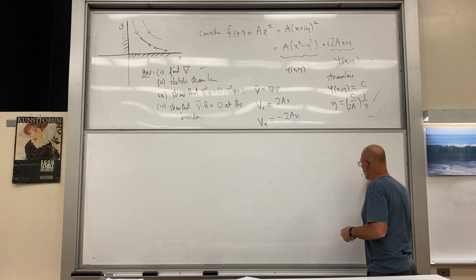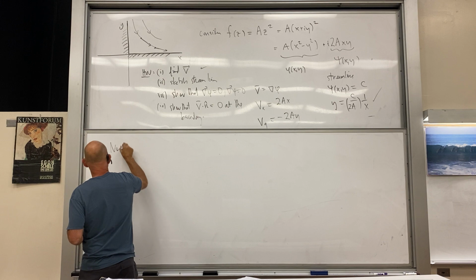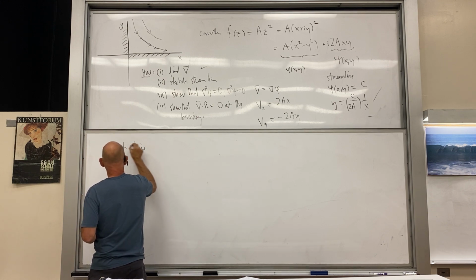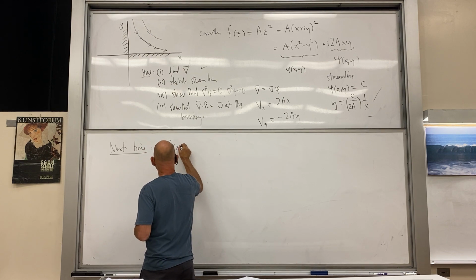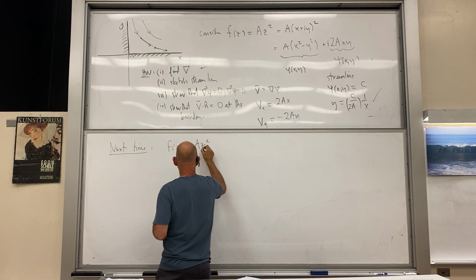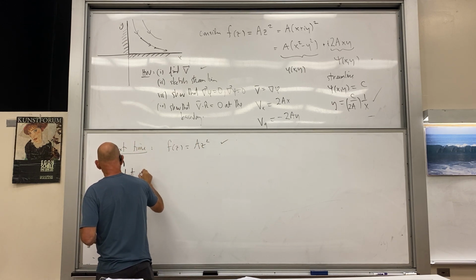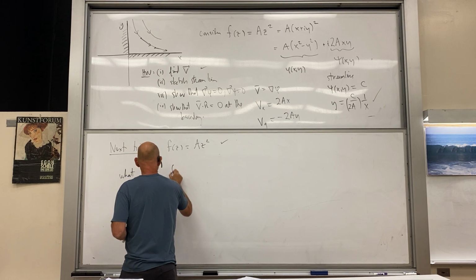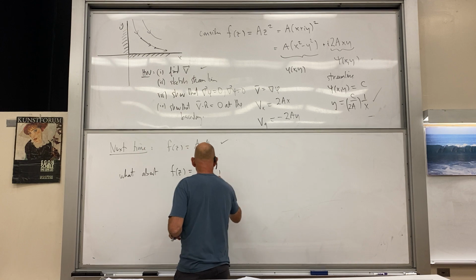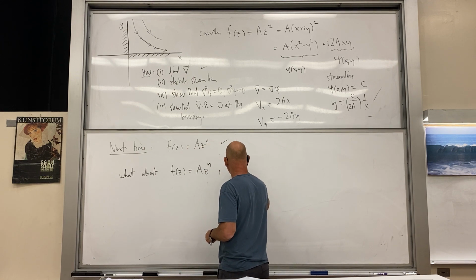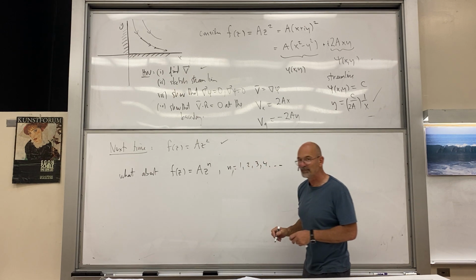In fact, we'll just formulate the whole problem next time. So we now know what f of z equals a z squared means. What about f of z equals a z to the nth power, n equals 1, 2, 3, 4, and so on? What do they mean?